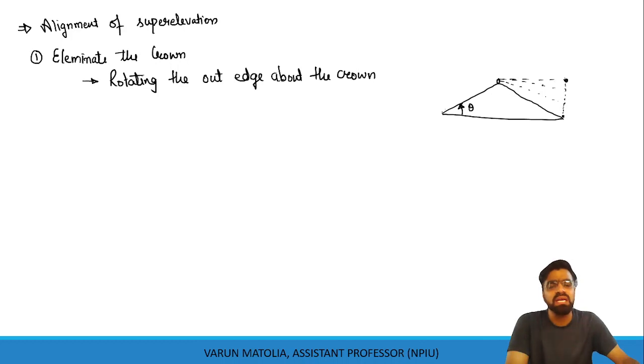Now, if we have eliminated the crown, we should reach till here. So by giving this slope, the final slope, we will eliminate the crown. Elimination of crown will occur when the outer edge reaches here.